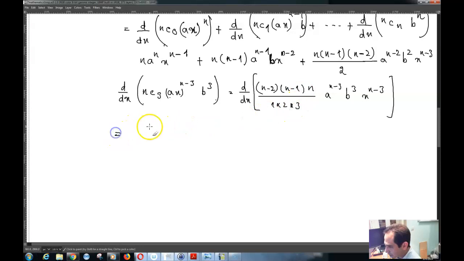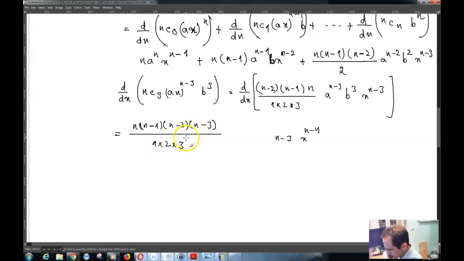The derivative of this part becomes n minus 3 times x raised to the power n minus 4. So you can write this as n times n minus 1 times n minus 2 times n minus 3 over 1 times 2 times 3, times a raised to the power n minus 3, b raised to the power 3, x raised to the power n minus 4.